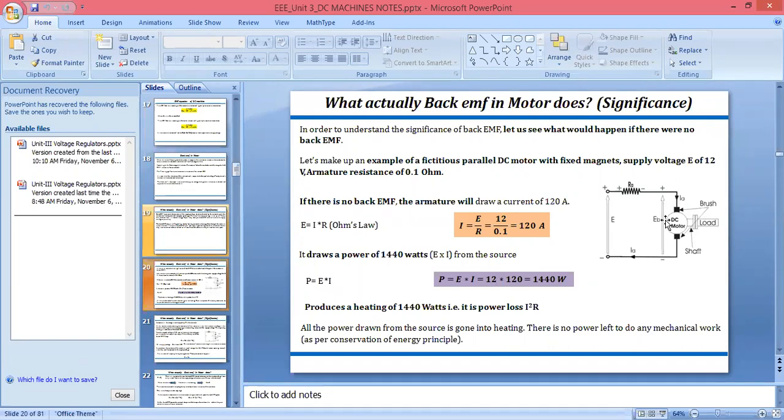And if that power is going into heating, there will be high temperature, due to which there are chances of damaging any part of that DC motor.